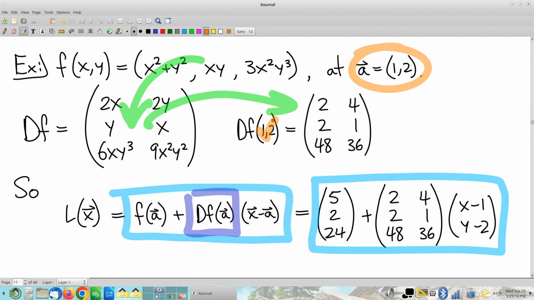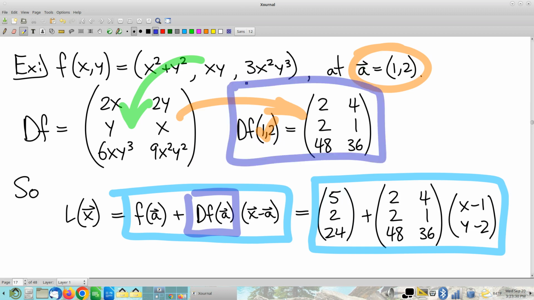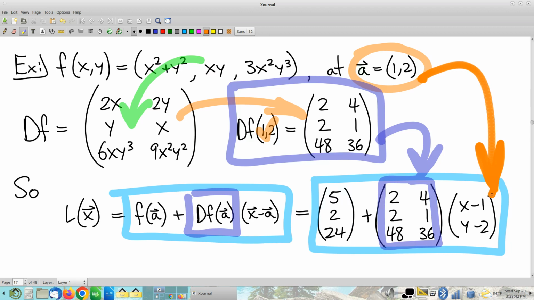Plugging in 1, 2. Let's see here. Why don't I make this orange? Here we go. Plugging in 1, 2 gives us our evaluated derivative matrix that then goes right there. Is that cool? Is everybody happy with that? Notice that my point where I'm doing the evaluation, you can see that right here as well.